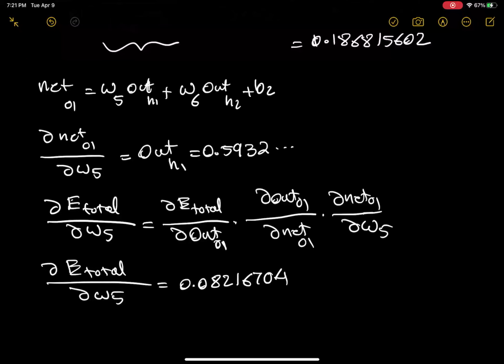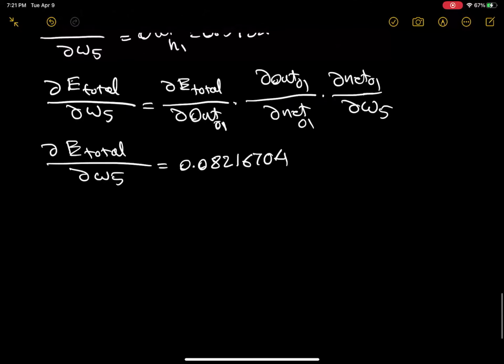All right, now I have the derivative for W5. Now I can use gradient descent to calculate the new value of W5. Technically, in the lecture notes we have k or k plus 1, but let me put a plus here.